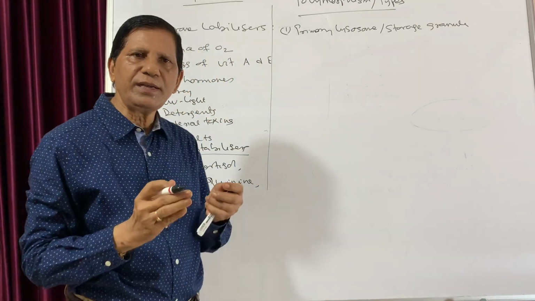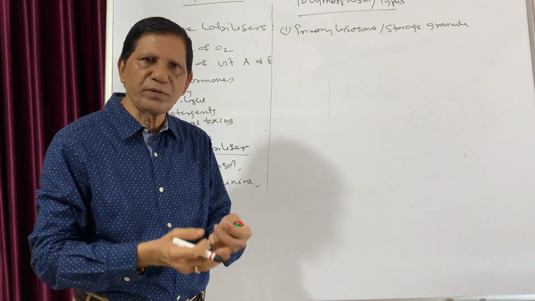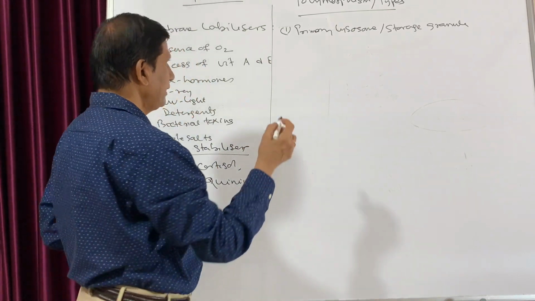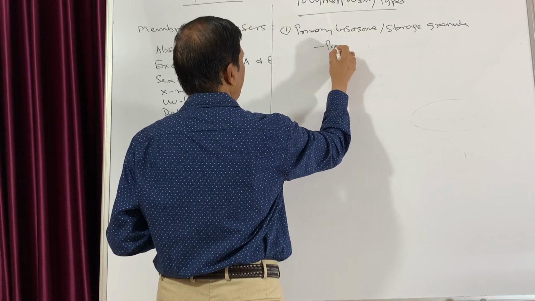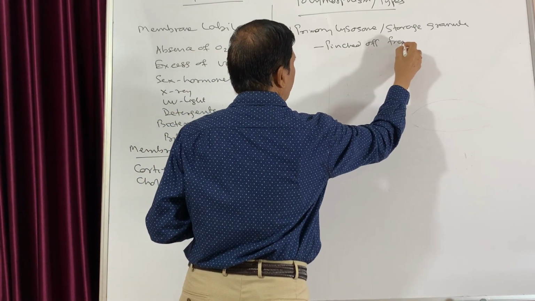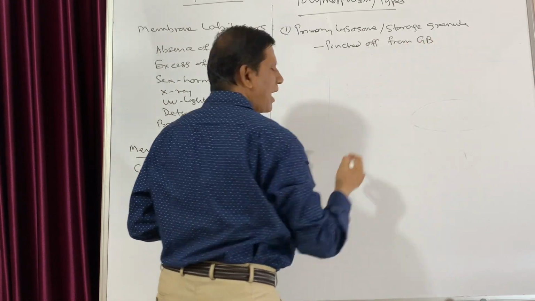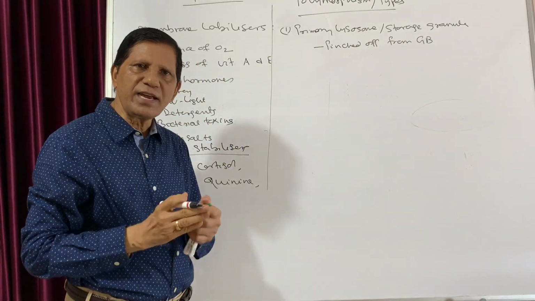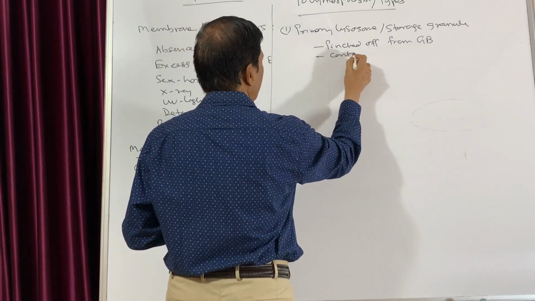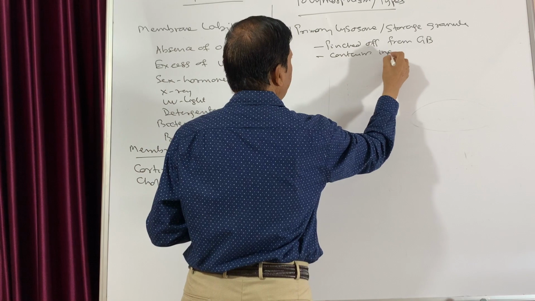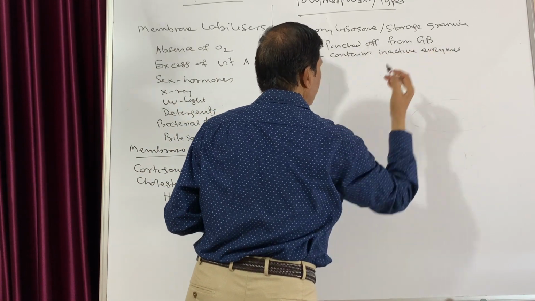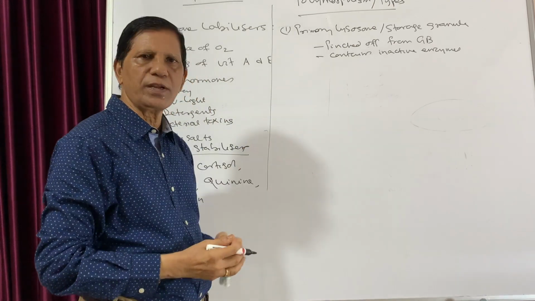When the lysosome is pinched off from the Golgi body, that is known as the primary lysosome, and it contains inactive enzymes. That is why it is also known as storage granule.